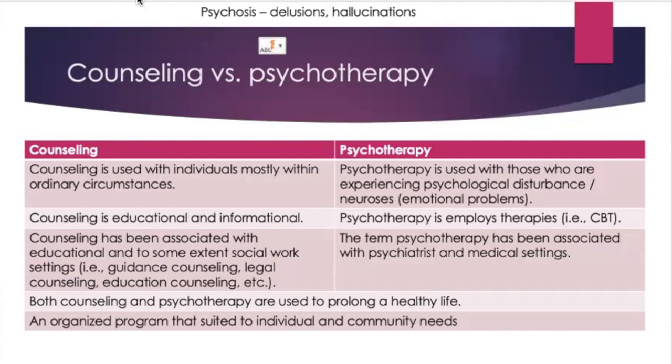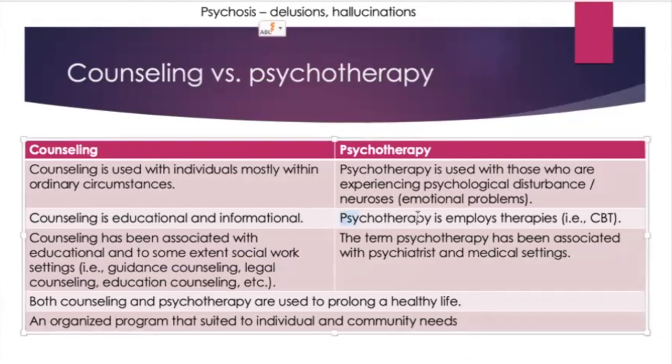But if you consider neurosis and psychological disturbance, those are the places where you can go ahead and do psychotherapy. And when you do psychotherapy, you have to have a therapeutic approach, a therapy model. Now, CBT, cognitive behavioral therapy, is a very common model. We can treat someone using CBT. But CBT is not the only model, there are a lot of models. You can select one of those, and through that approach, you can treat that person.